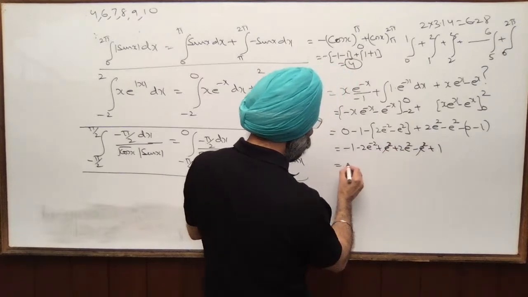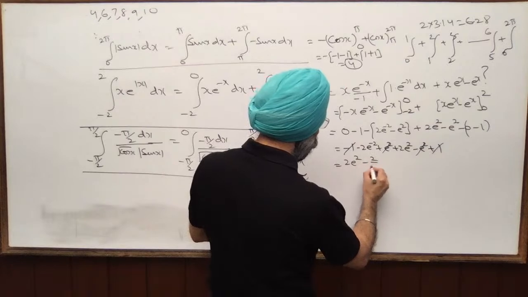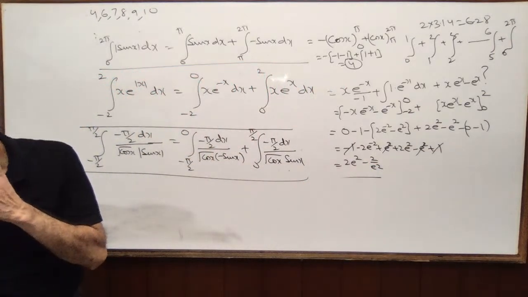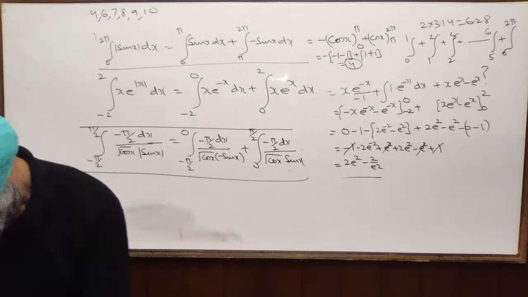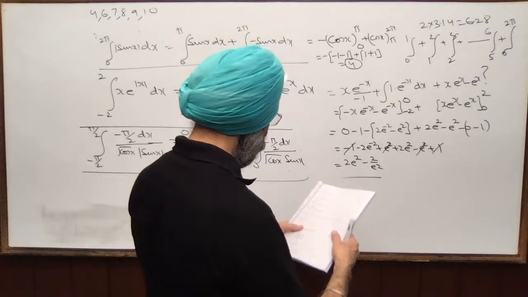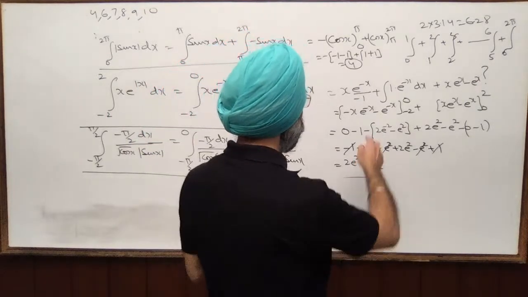So it is 2 e square minus 2 over e square. Check what is the answer. So it is coming to be 0 here. So let us check again how much mistake is coming.